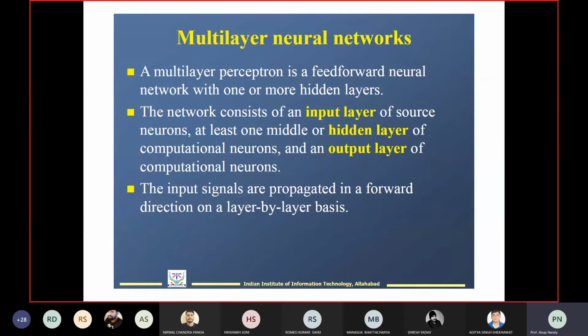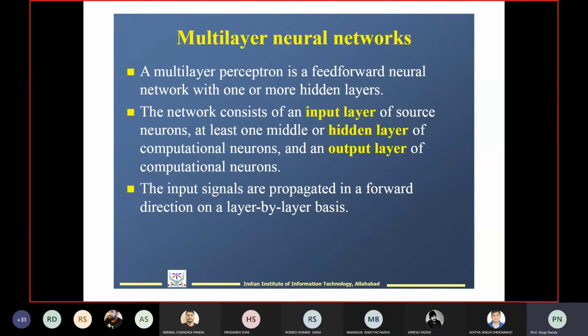Before that, the multi-layer perceptron is a feed forward neural network with one or more hidden layers. Why is it called feed forward? You are feeding the input in the forward direction. So you have seen this entire network. If you increase the hidden layers, then the network becomes more complex.